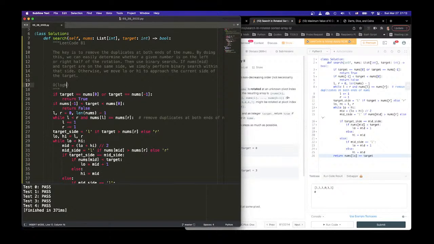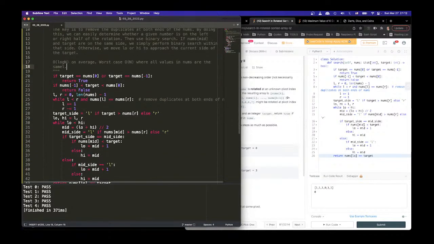Or log n on average, worst case O(n), right, where all values in nums are the same.